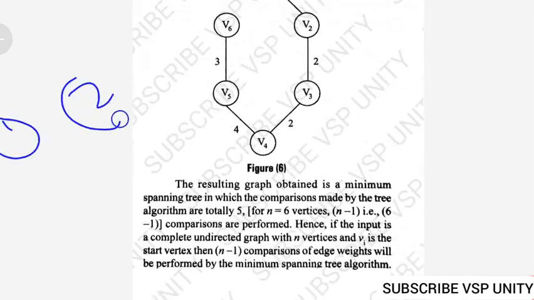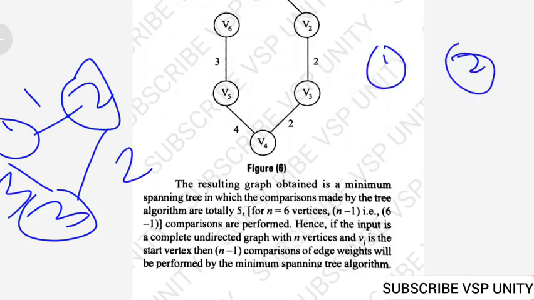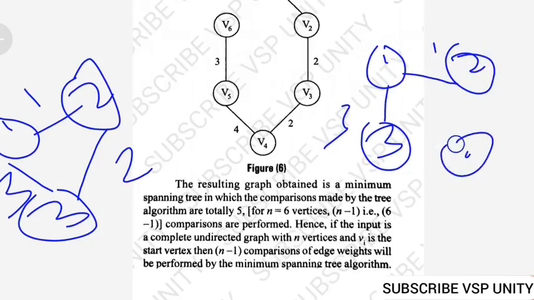So consider that we have 1, 2, 3 as our graph, and we have a cycle like this: 1 to 2, 2 to 3, and 3 to 1. Suppose the weight of this path is 1, of this path is 2, and of this path is 3. Then by using the minimum spanning tree concept, we will form a tree like this. From 1 to 2 we have 1.